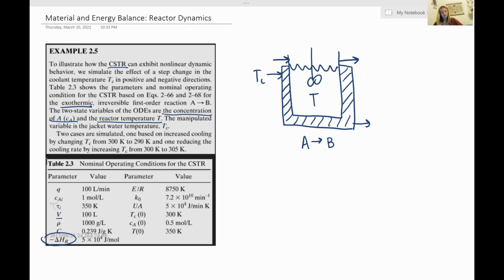So we're basically saying if we were in some simulation where we decreased the coolant temperature from 300 Kelvin to 290 Kelvin, how is that going to affect our concentration of A and our temperature inside the tank over some period of time? So that's going to be the start of our differential equations.